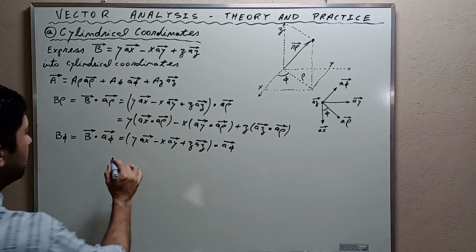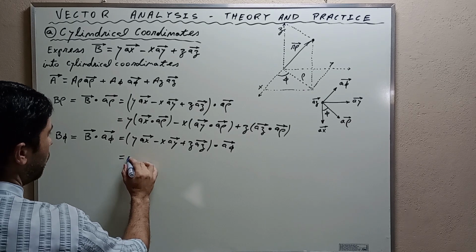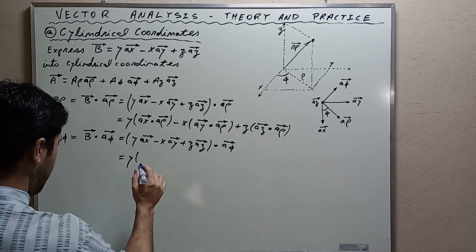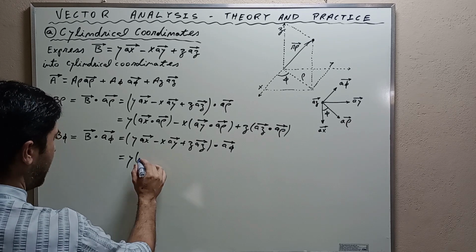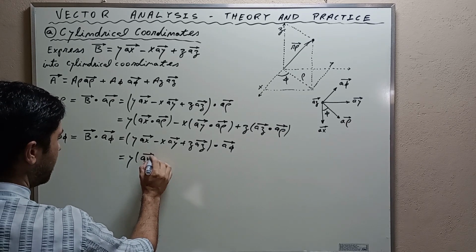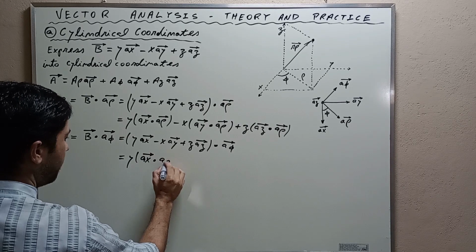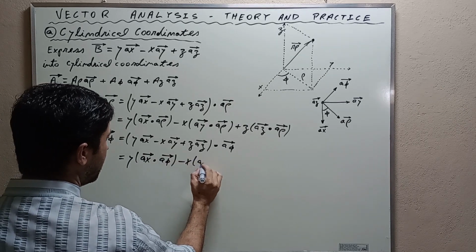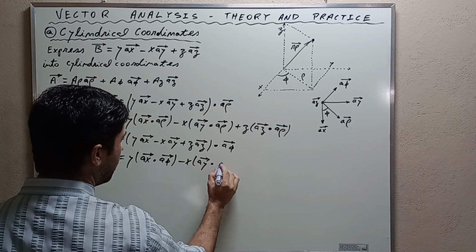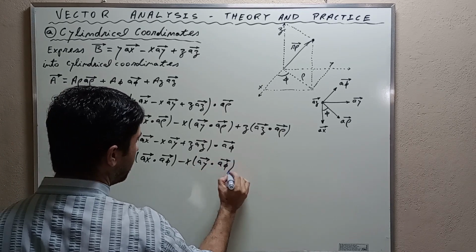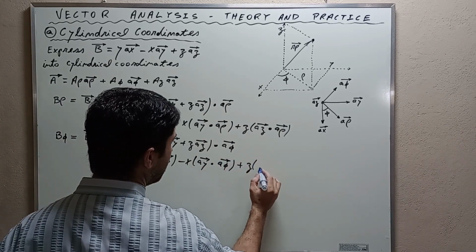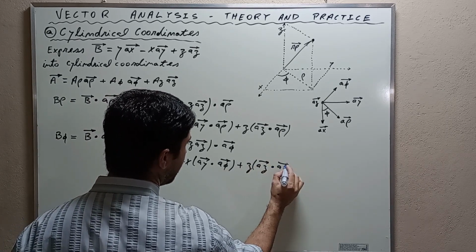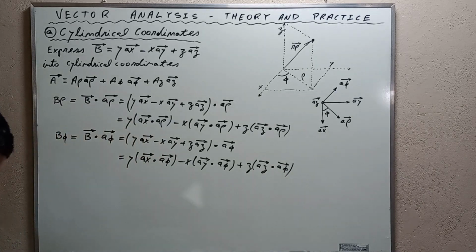Extending, we find y ax in a dot product with a phi, minus x ay in a dot product with a phi plus z az in a dot product with a phi. Okay?